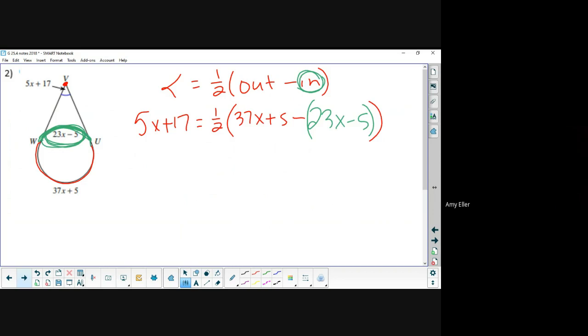Anytime your inner arc has a plus or minus, you have to make sure that there's kind of two things happening there. We have to subtract both of them. So we put it in parentheses. Let's go ahead and recopy everything we have, except we're going to distribute that negative.